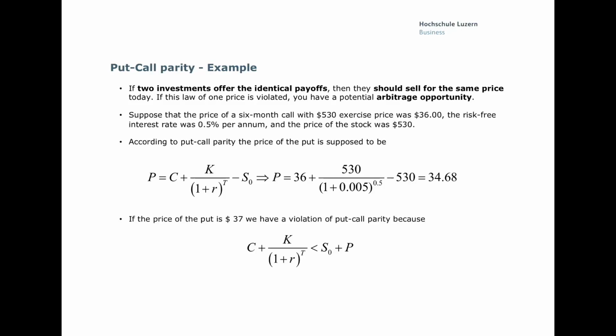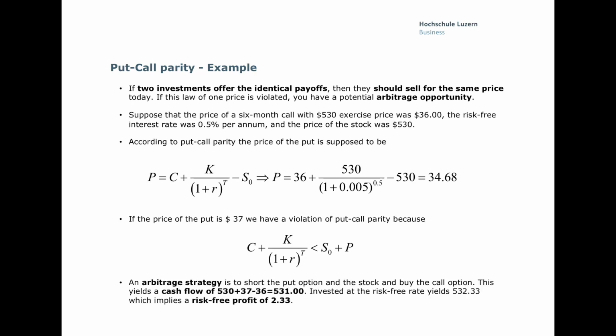Now suppose the price of the put is $37 instead of $34.68, which implies a violation of put-call parity. Based on this fact, an arbitrage strategy can be built as follows. Short the put option and the stock and take a long position in the call option.